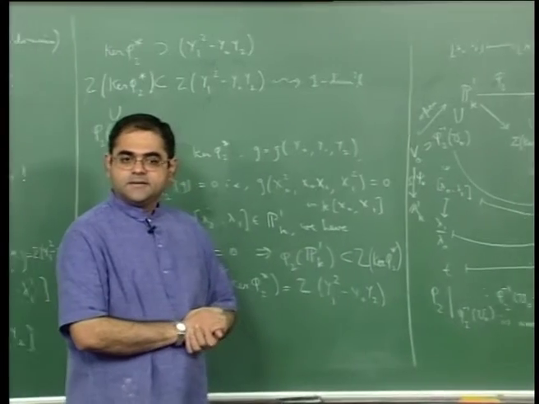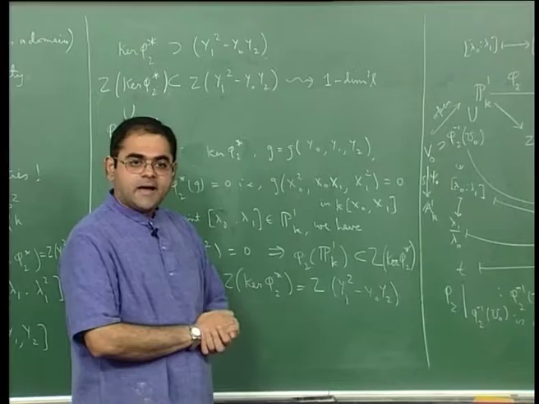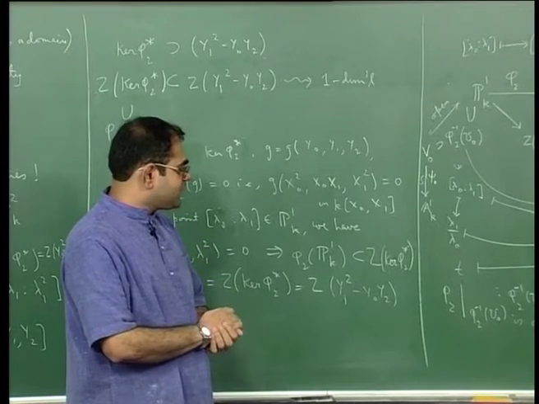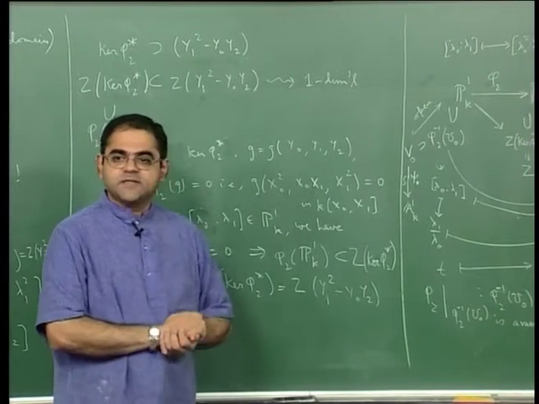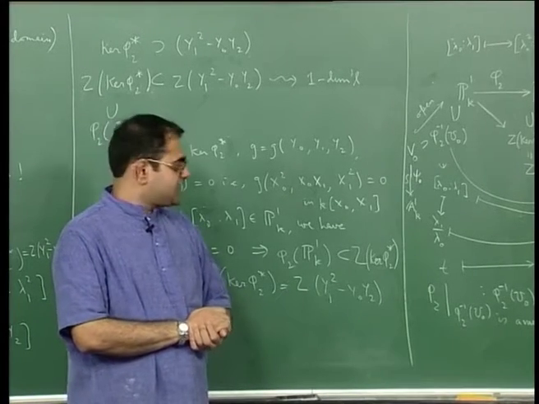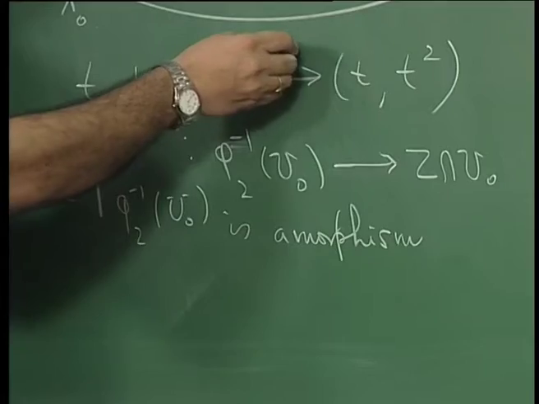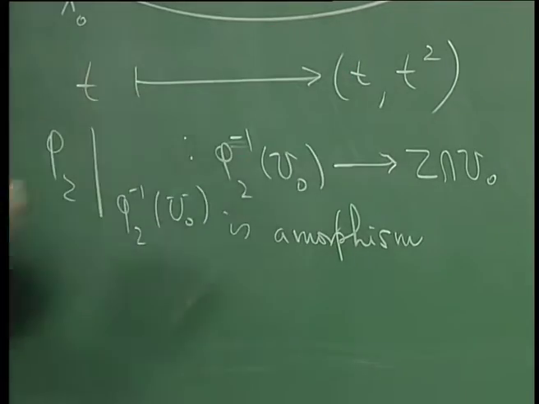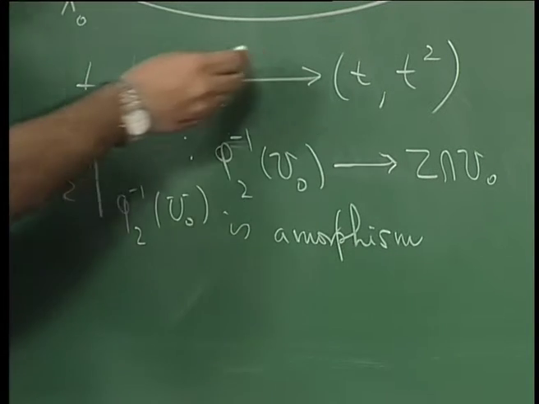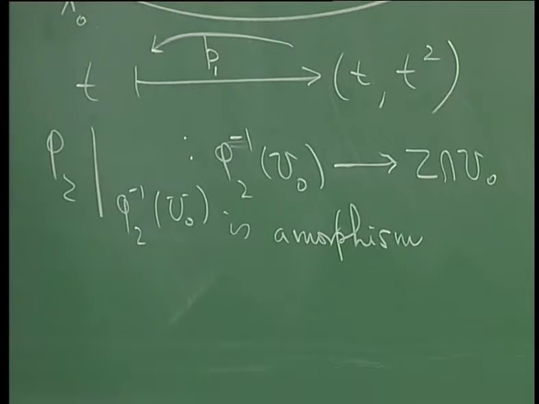And actually, the funny thing is, it is an isomorphism. This is an isomorphism because if I take this map t going to t comma t squared, there is an inverse morphism which is given by projection on the first coordinate.